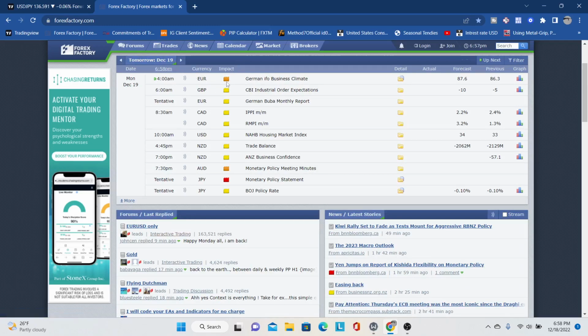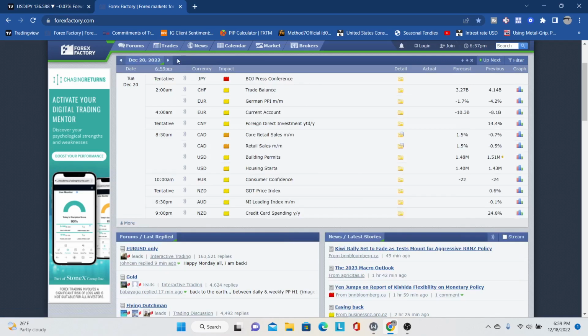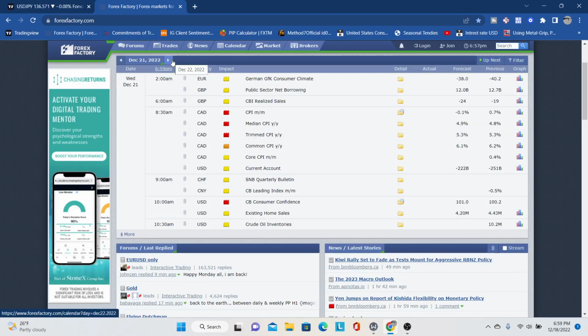So this week we got not a lot except for the yen tomorrow night, and then some yen rates, some Bank of Japan decisions, and then CAD CPI, US consumer confidence on Wednesday.